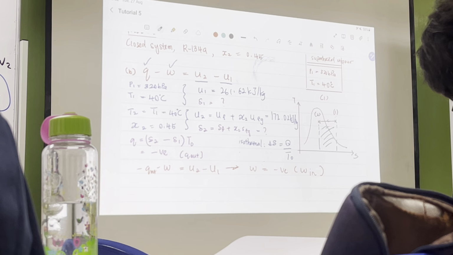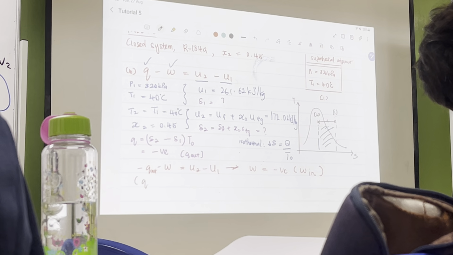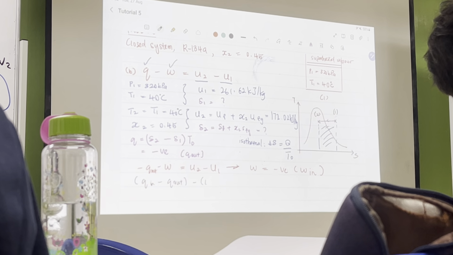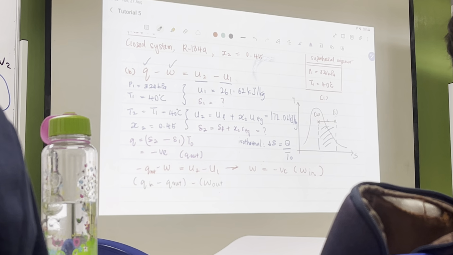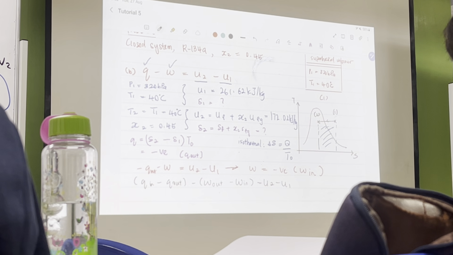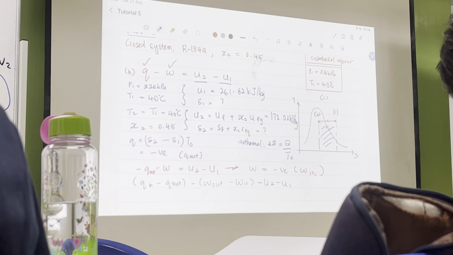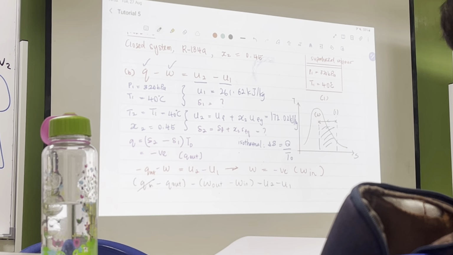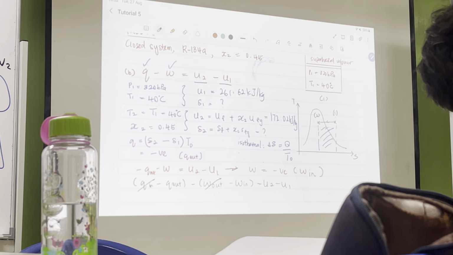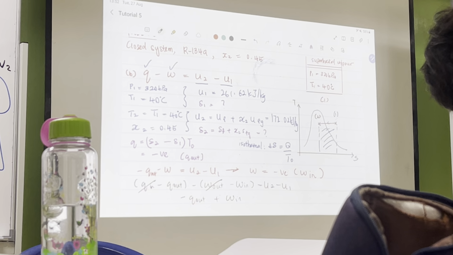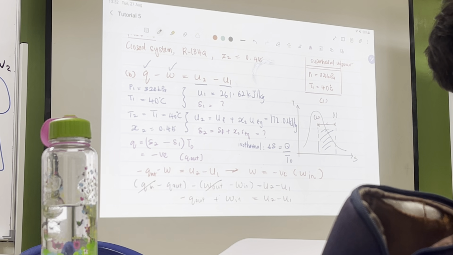So of course, now let's say initially you wrote this equation directly, and then you speculate that this is zero, and this is zero. So you will end up with Q out plus work in equals U2 minus U1, right?